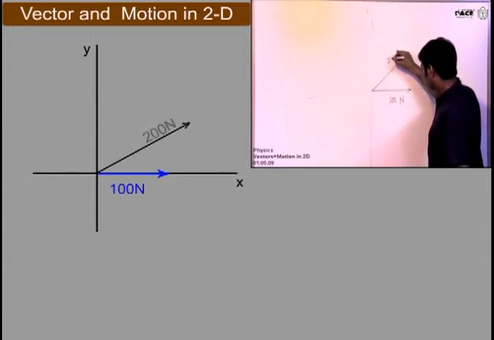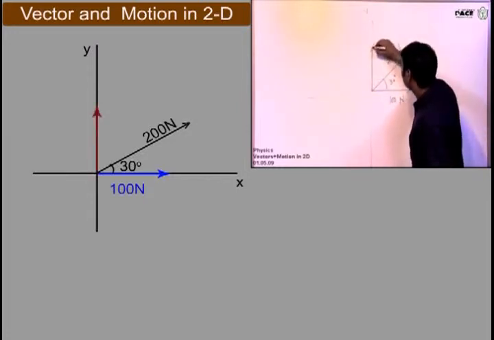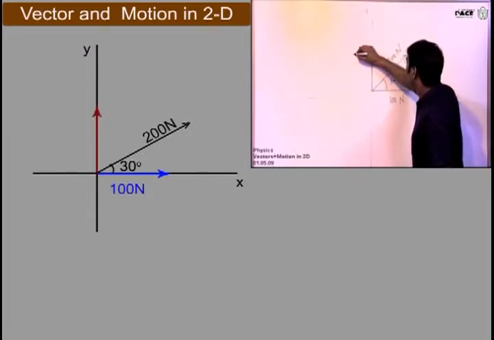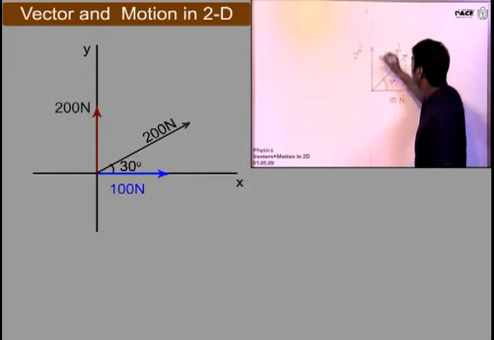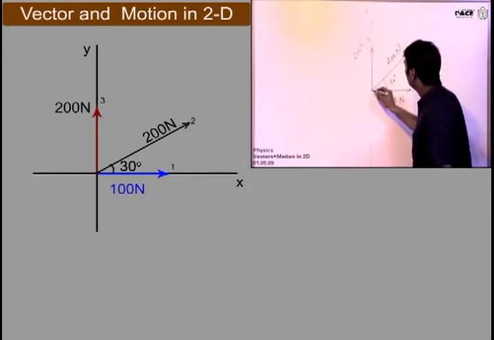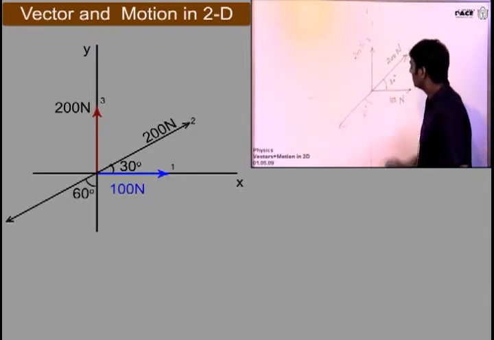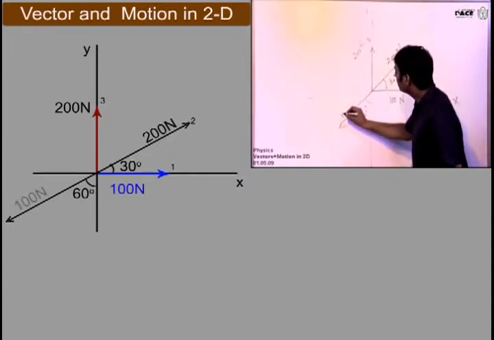A2, 200 Newton, 30 degrees. 200 Newton. Again, 1, 2, 3. And this is 4. This angle is 60 degrees. And this is 100 Newton.